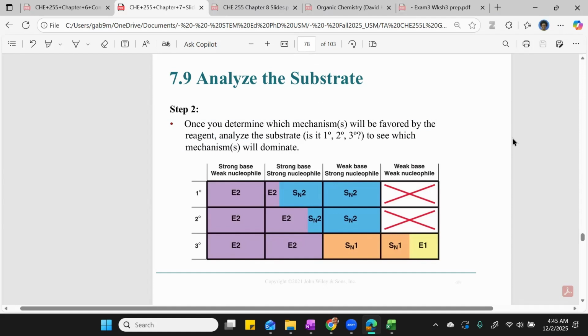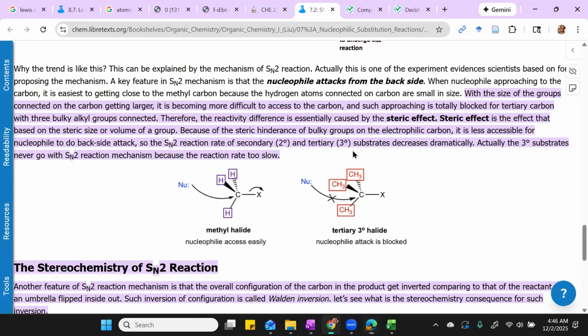Now, that to me seems a little confusing, because again, the SN2 reaction rate for secondary and tertiary substrates decreases dramatically. Actually, the tertiary substrates never go with SN2 because the reaction rate is too slow. It's just not as favorable for the tertiary.